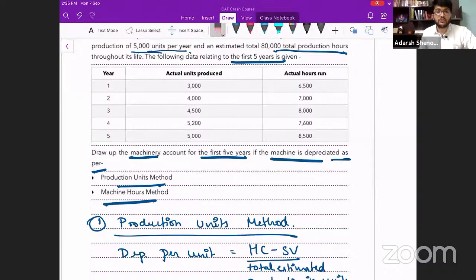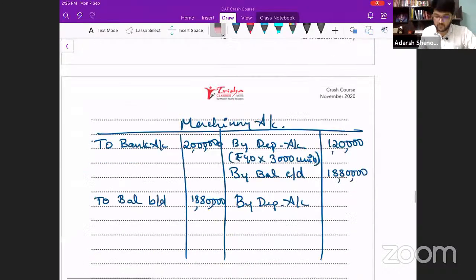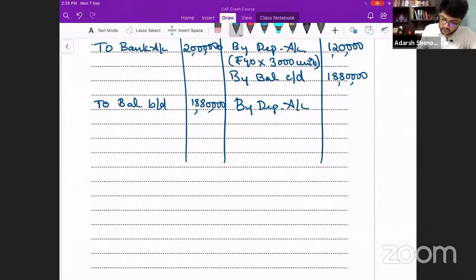How much do you get? 1,60,000. Wonderful. Rupees 40 into 4,000 units is equal to 1,60,000. So could someone carry down?